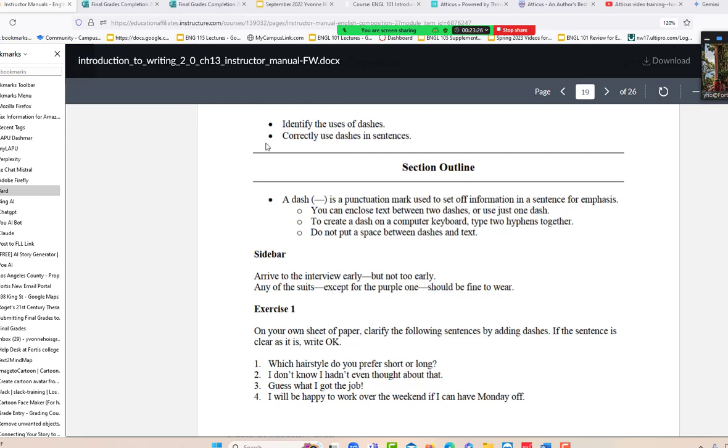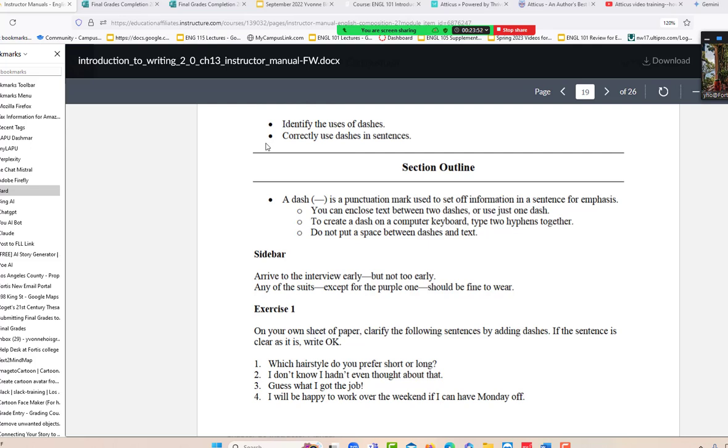A dash is a punctuation mark used to set off information in a sentence. For emphasis, you can enclose text within two dashes or just use one dash. To create a dash on a keyboard, type two hyphens together. Do not put a space between dashes and text. Arrive to the interview early—but not too early.